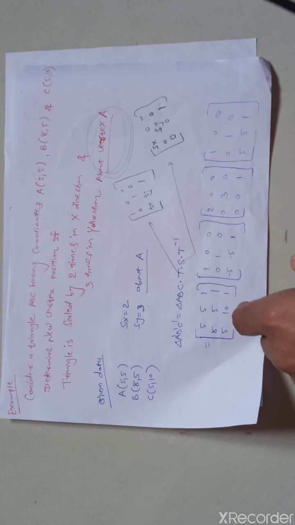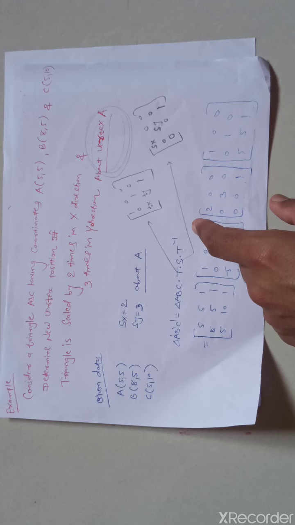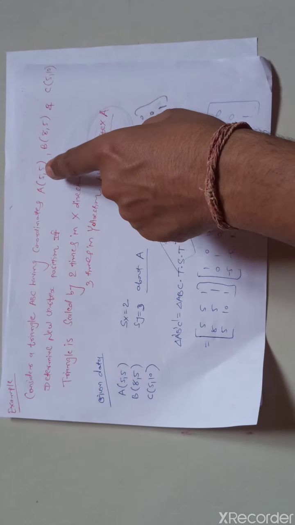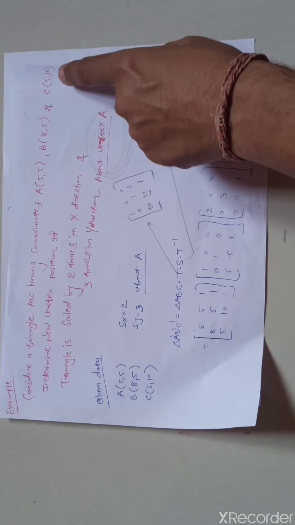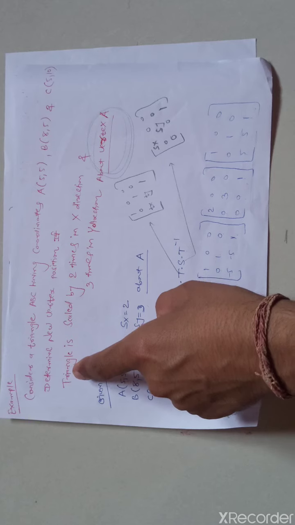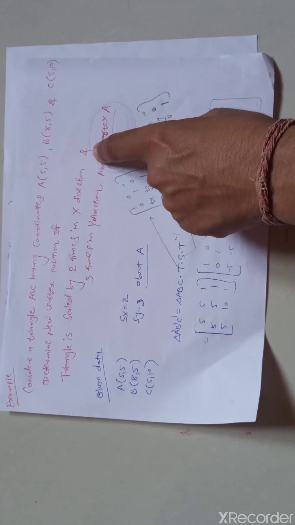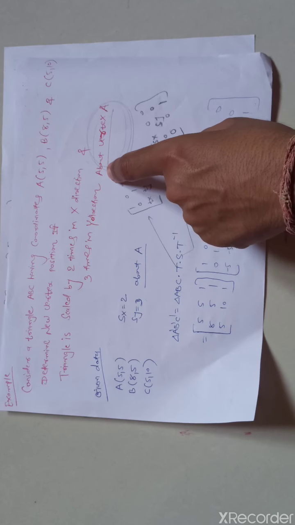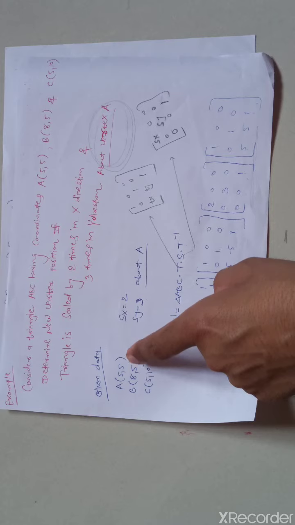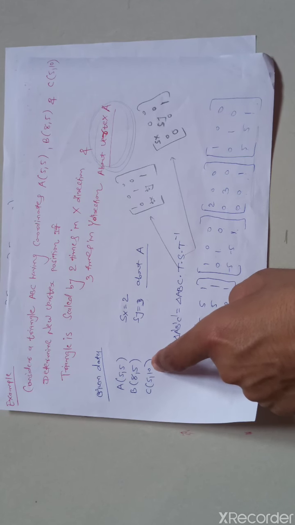Now let's take an example on scaling. Question: consider a triangle ABC having coordinates A(5,5), B(8,5) and C(5,10). Determine the new vertex positions if the triangle is scaled by 2 times in x direction and 3 times in y direction about vertex A. So the given data is the coordinates A(5,5), B(8,5), C(5,10); write down this data.